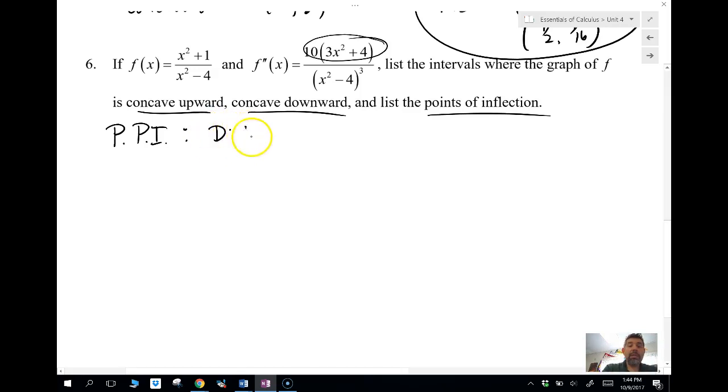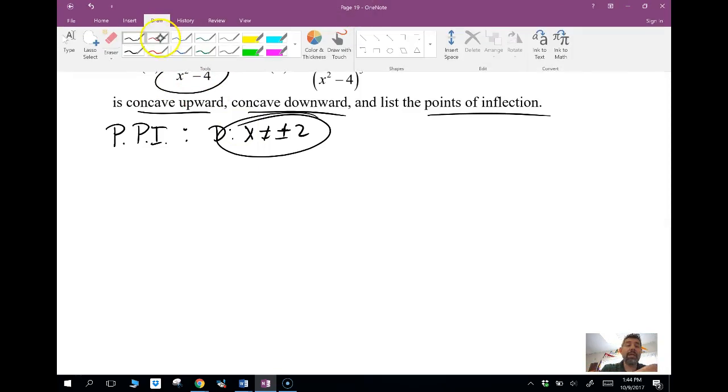The domain is x cannot be equal to plus or minus 2, right? If we set f double prime equals 0, there's nothing to solve. So I guess we're not going to have any real possible points of inflection. All we have to deal with are these domain restrictions, which in this case, since they're in the denominator, are going to end up being vertical asymptotes.